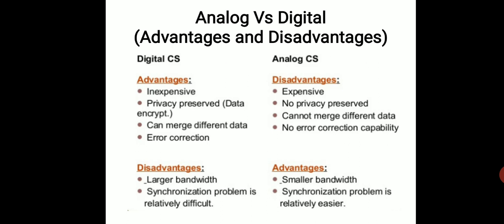But the disadvantages are that it requires larger bandwidth, and also the synchronization problem is relatively difficult. In an analog communication system, it requires only small bandwidth, and also the synchronization problem is relatively easier. But the disadvantages are that it is very expensive, no privacy is preserved, it cannot merge different data, and also no error correction is possible.